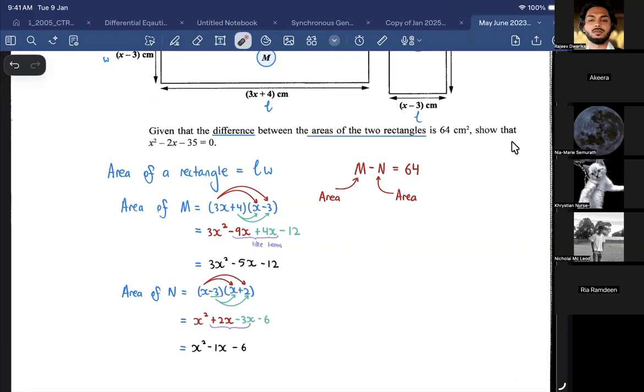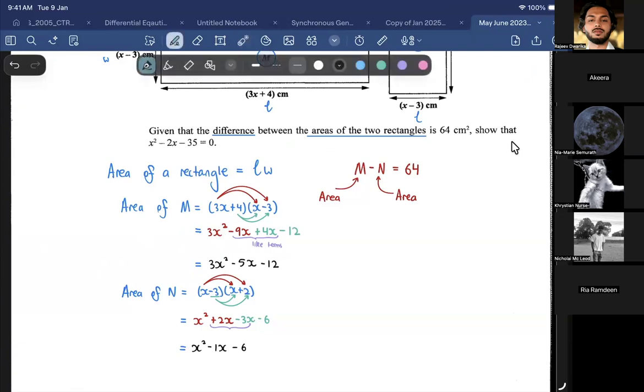You have to take away the answer you get from M with the answer you get with N.